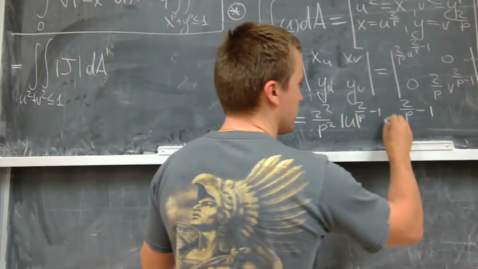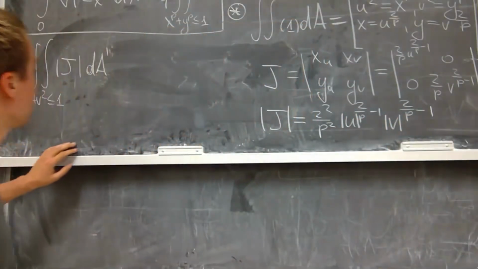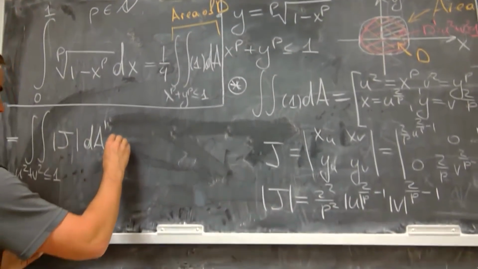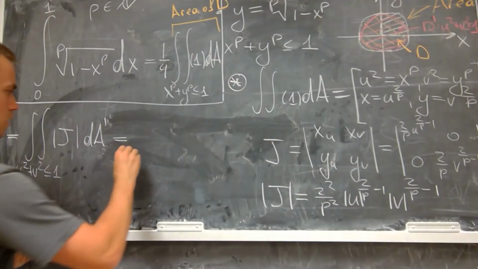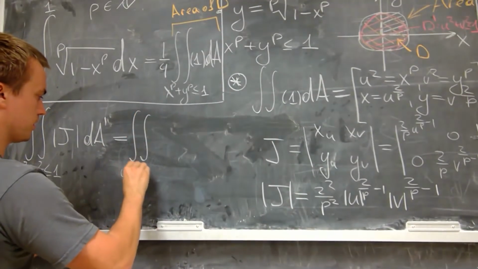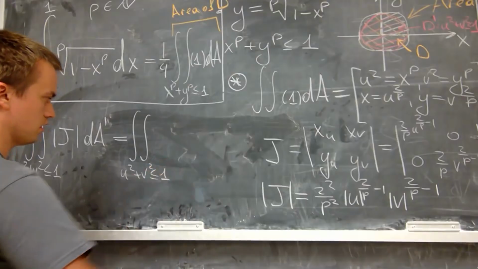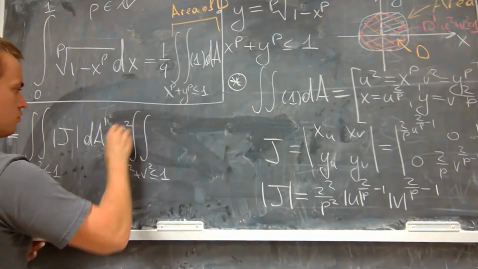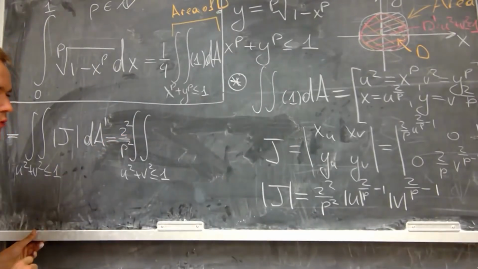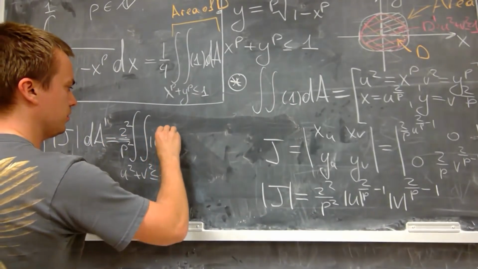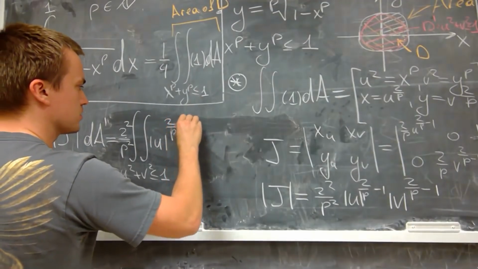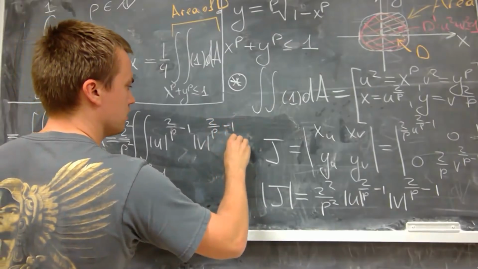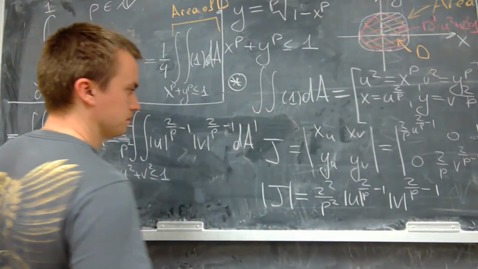So after I apply my change of coordinates, what I get is the double integral over u squared plus v squared less or equal than 1. This part is my constant, so I will have 2 squared over p squared, and here I have the double integral of u to the 2 over p minus 1 and v to the 2 over p minus 1 dA prime.